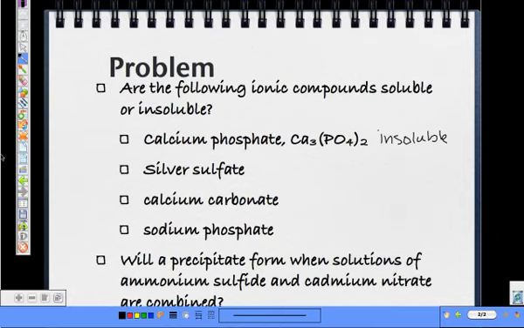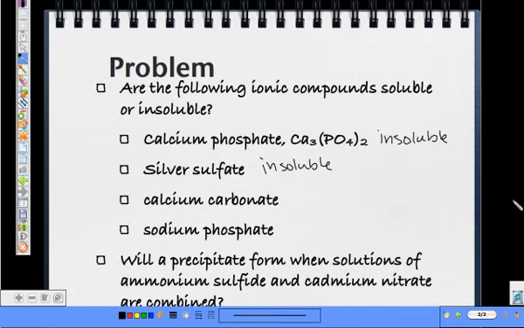Calcium. So would silver sulfate be soluble or insoluble? Insoluble. How about calcium carbonate? Carbonates are insoluble, except those that are of ammonium and alkali metals.